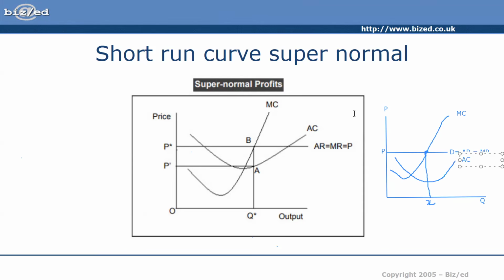At this point, when we produce X, my average cost will be here. And because my average cost is lower than my average revenue, that will be considered supernormal profits.